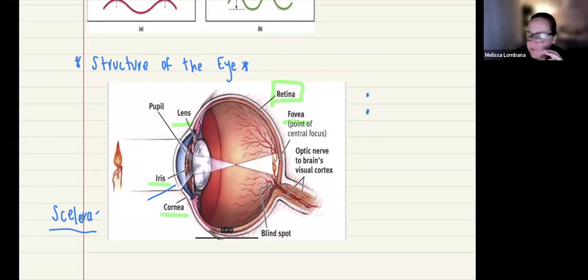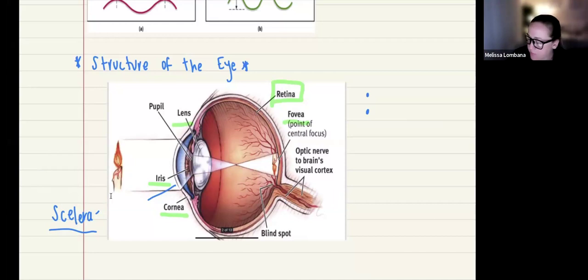Inside there are going to be rods and cones, so you may want to write that down. And then the fovea, which is inside the retina, is basically the center, and it only contains cones, and it helps with visual tasks.